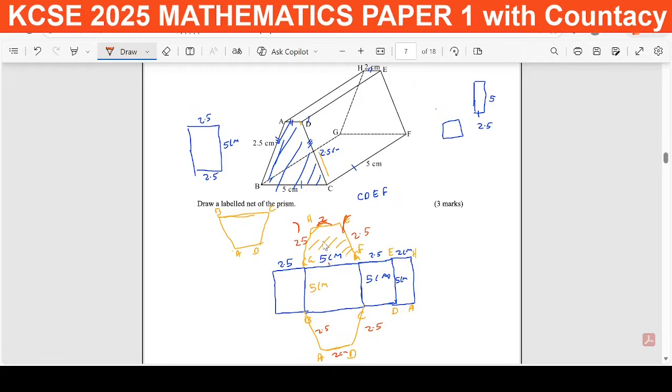Actually, to be able to approximate better and exactly, we want to know the middle part. So once you have measured 2.5 centimeters here, 2.5 centimeters here, you can just draw a small line and know that that is the center part.